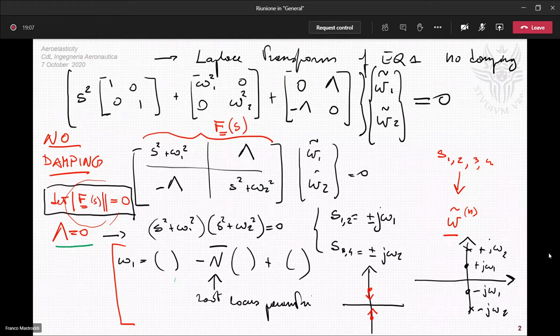And the discussion is very easy to be performed because here you have poles that are purely imaginary, and therefore this parameter n is able to move the imaginary part of this pole, which is the only part present in this case. And therefore, this means that this parameter is able to change the natural frequency of your system, keeping the mode shape the same.